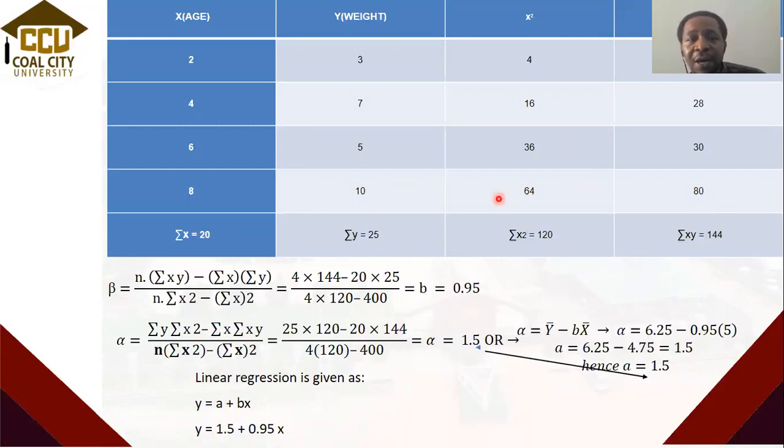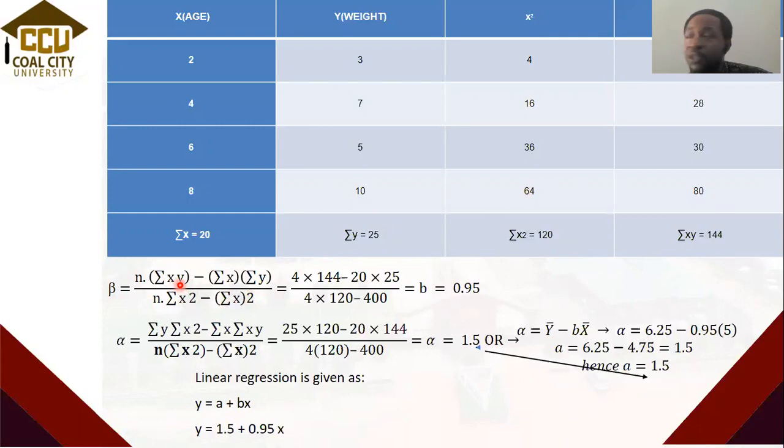Since we've solved all these out, this is the formula for looking for the beta value: n into summation xy minus summation x into summation y, divided by n into summation x squared minus summation x raised to the power of 2.